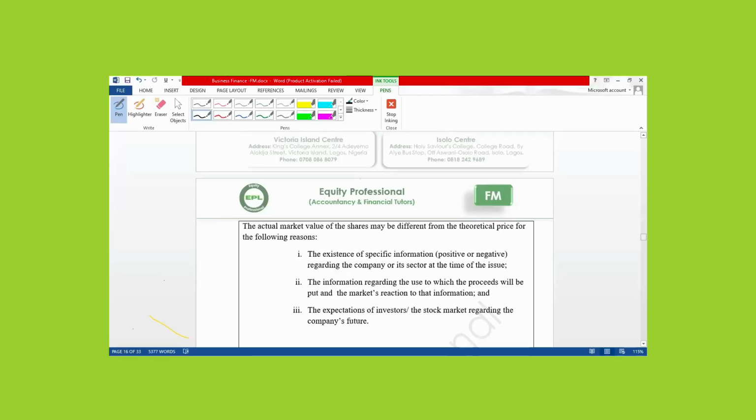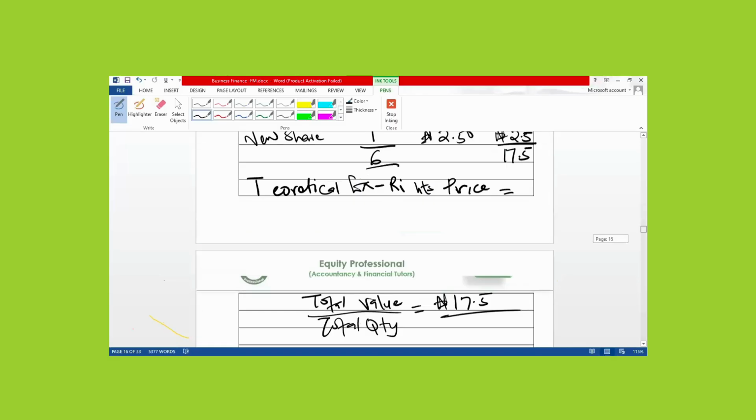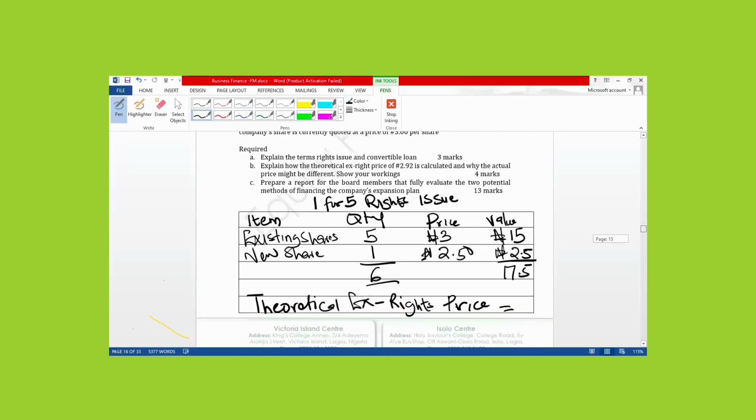All right, we move to requirement B, requirement C. Requirement A is for 3 marks. Requirement B is for 4 marks. Now requirement C for 13 marks.